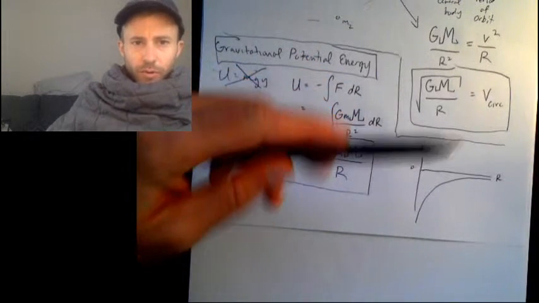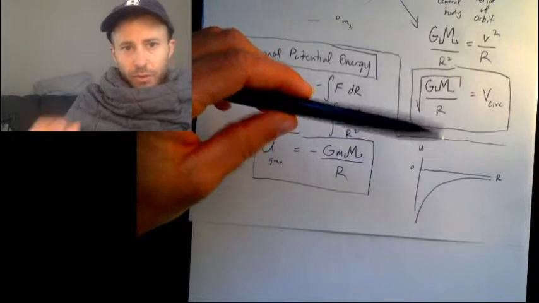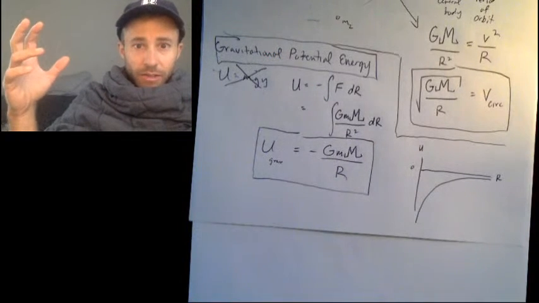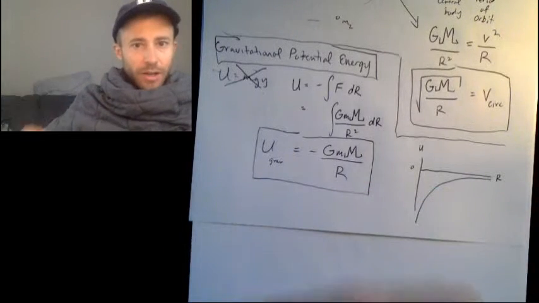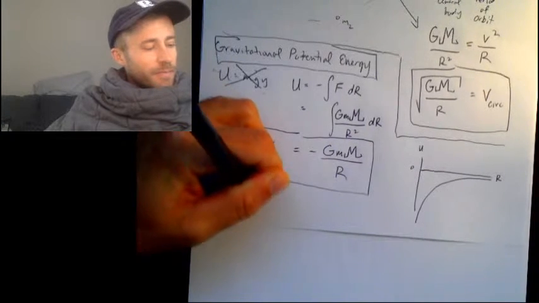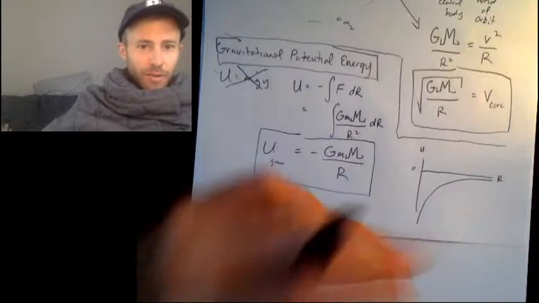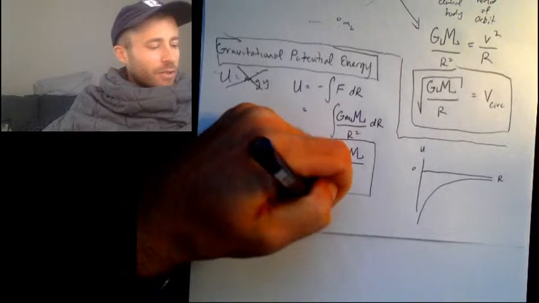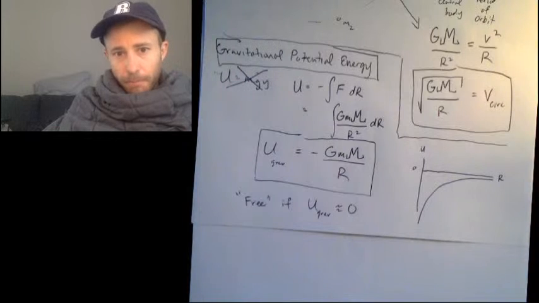So from the point of view of celestial mechanics, if two things are not interacting gravitationally, they have a gravitational potential energy of 0. So something is free, in other words, it's escaped the gravity if the gravitational potential energy is approximately 0.